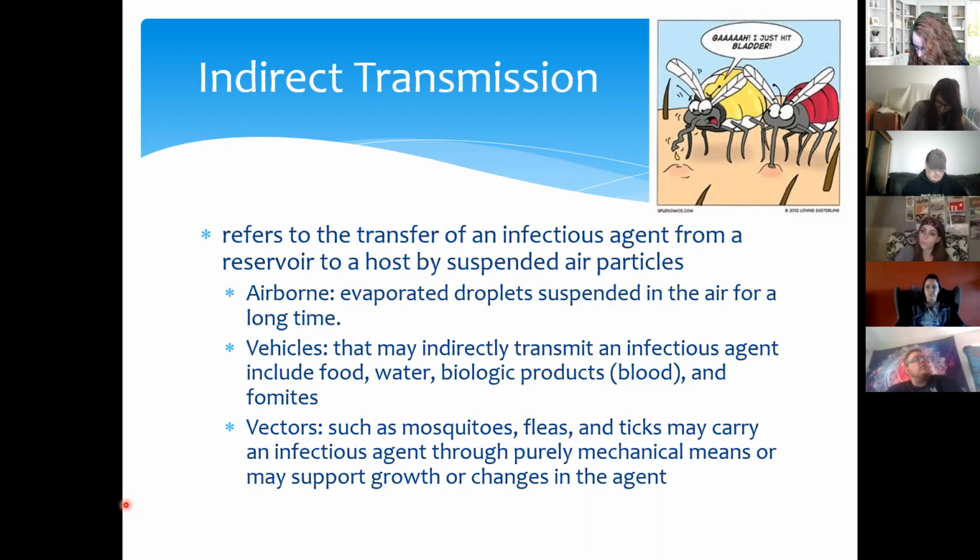So anything mechanical. So you're not coming into contact or directly inhaling. Something else has to carry that disease to you. So West Nile virus, malaria, African sleeping sickness, those are carried by vectors because they're carried by mosquitoes or insects.